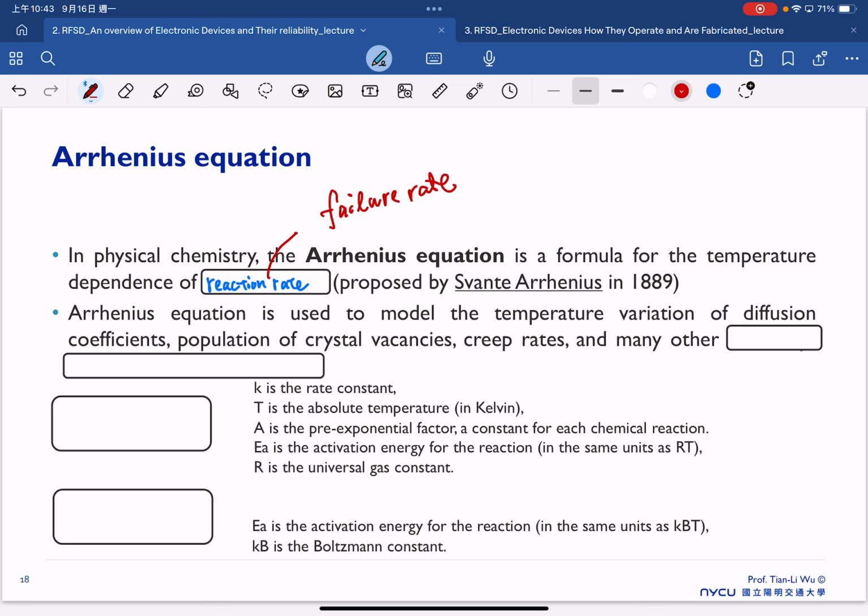As the previous speaker already mentioned, when we do reliability for semiconductors, first we try to understand the phenomena and the physics. And then the most important thing is to do the lifetime estimation. But once we talk about lifetime estimation, we need to know how fast this failure can happen.